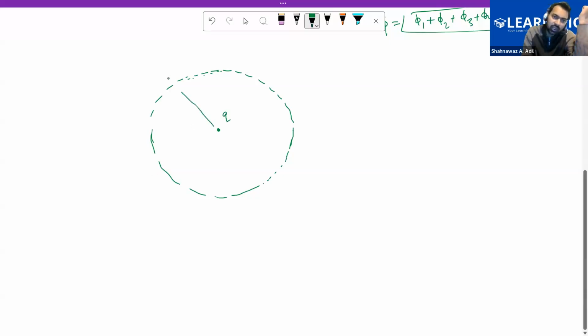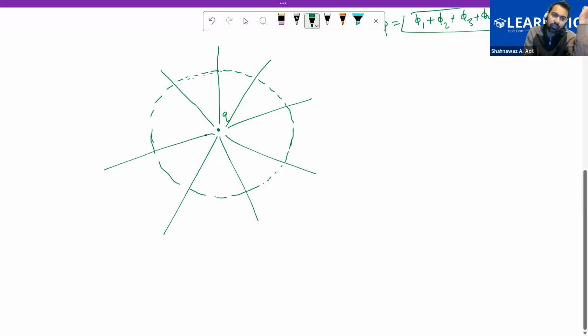So the electric field will go like this, right? It will come out radially, so this is R, and it will come out in the direction of all those R's.